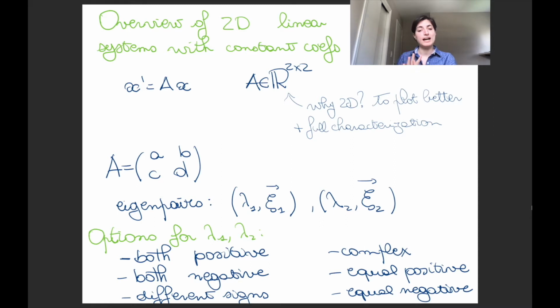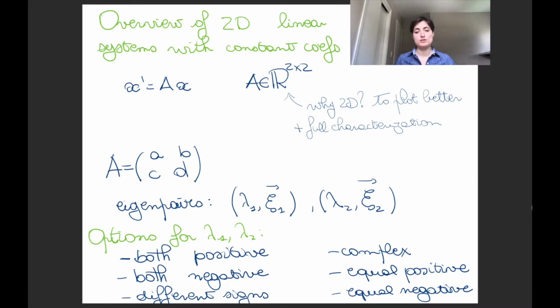Because the eigenvectors just give us some information about in which directions things are happening. They don't give a lot of information about how things are happening. So when we talk about 2D linear system ODEs, we concentrate on the eigenvalues of the matrix we are referring to.